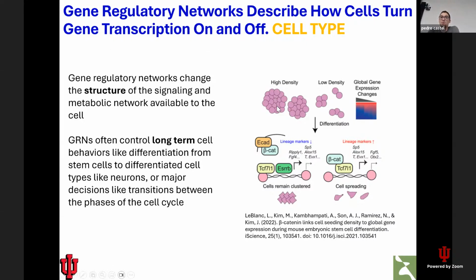So in this example, you have either high or low density of cells, and the density of cells makes the cells communicate.